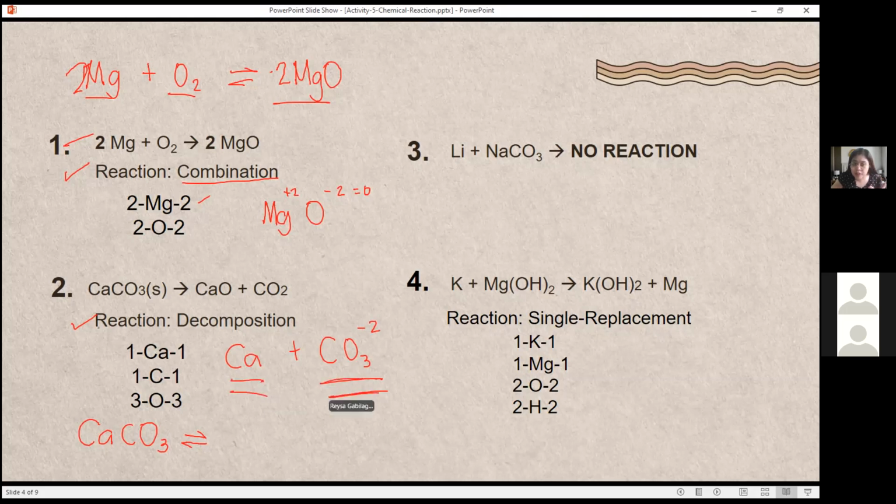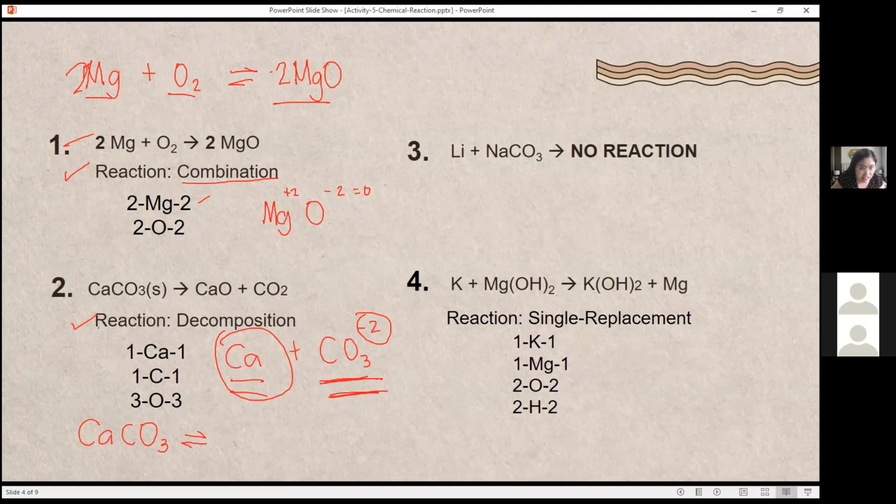Si calcium pwede pa, pero si carbonate is a polyatomic ion. This is not a neutral molecule. So kung magde-decompose siya, hanapan mo siya class ng either element or compound or compounds, 2 compounds that will satisfy the equation and neutral sila, wala silang charge.